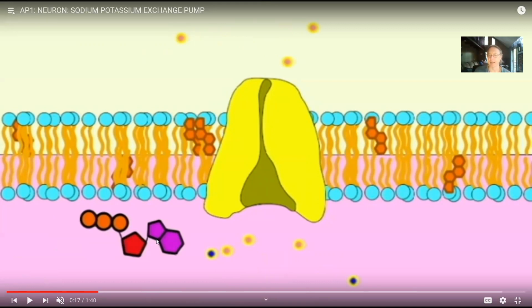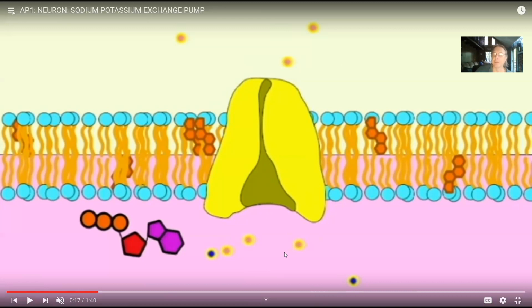against their concentration gradient. So sodium is most highly concentrated outside the cell. The few sodiums which are inside the cell, they would prefer to stay inside the cell, just acting on their diffusion gradient, and they would prefer not to go outside.